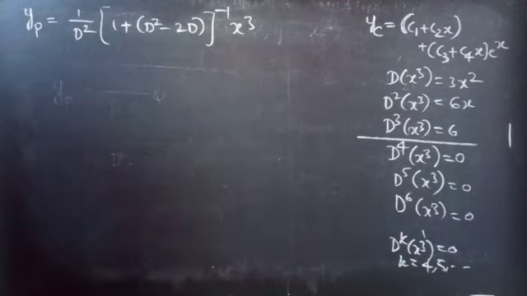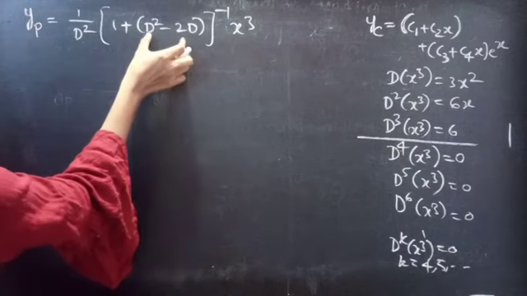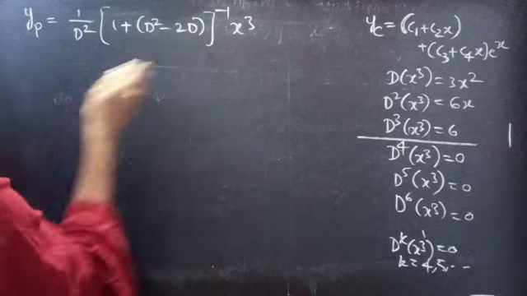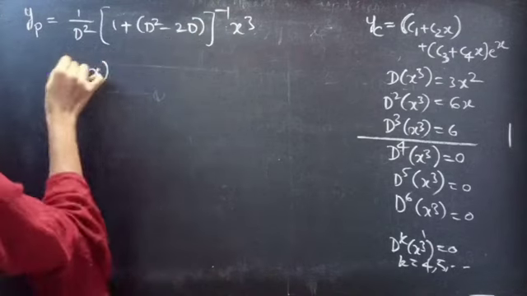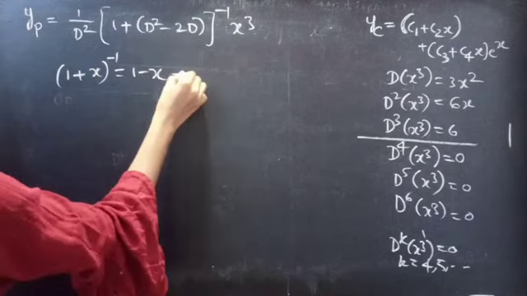Right. Now, we'll use binomial expansion to expand (1 + d² − 2d)⁻¹. We know that (1 + x)⁻¹ equals 1 − x + x² − x³ + and so on, right?